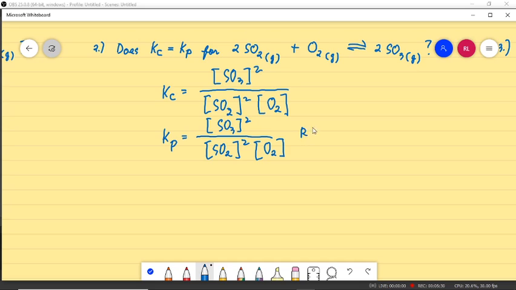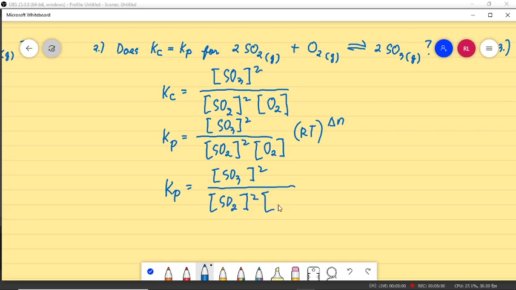Times RT raised to the power of delta N. So what is the value for delta N?